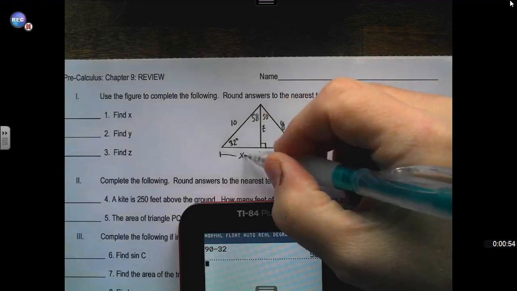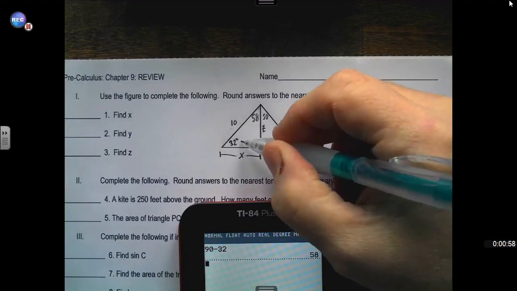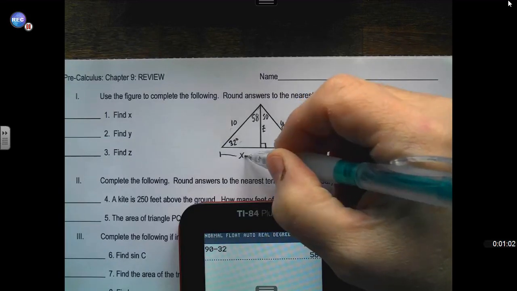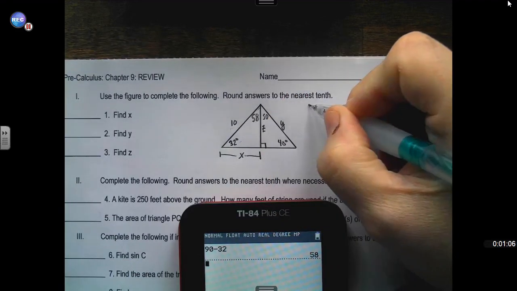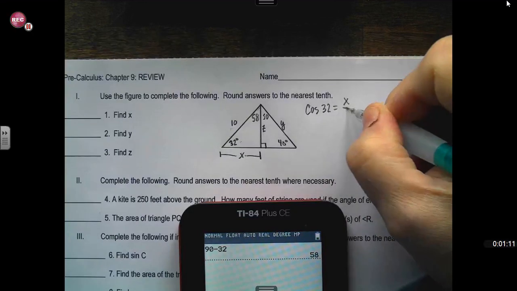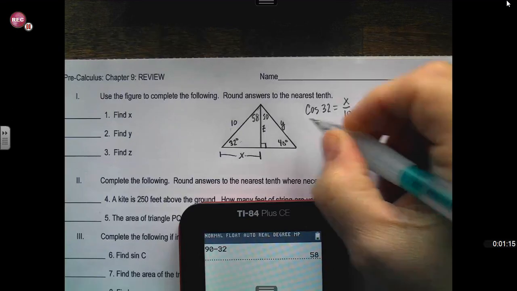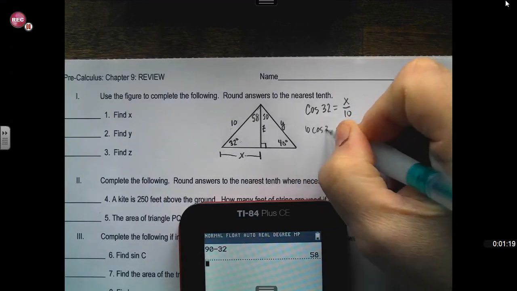So to find x, I'm going to use this smaller right triangle, and I'm going to use the 32-degree angle that was given, and this is adjacent to that, and I have the hypotenuse. So I'm going to use the cosine of 32 equals x over 10. And so x is 10 times the cosine of 32.